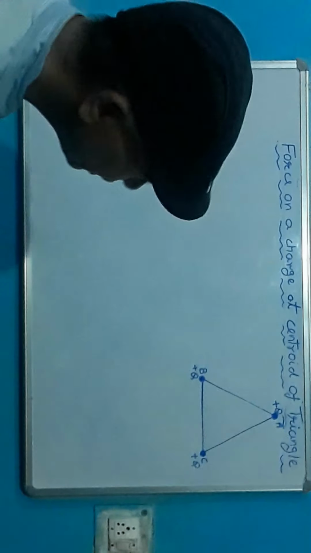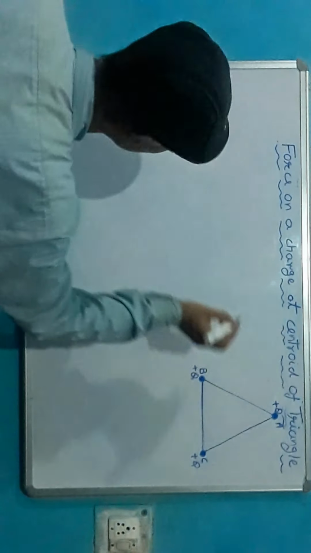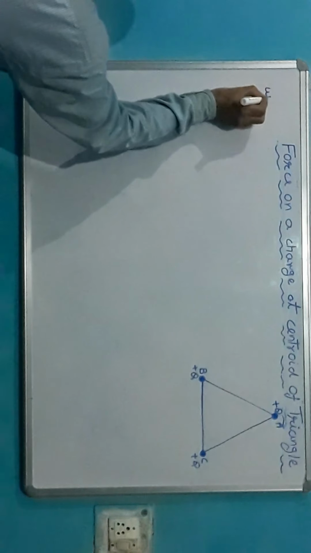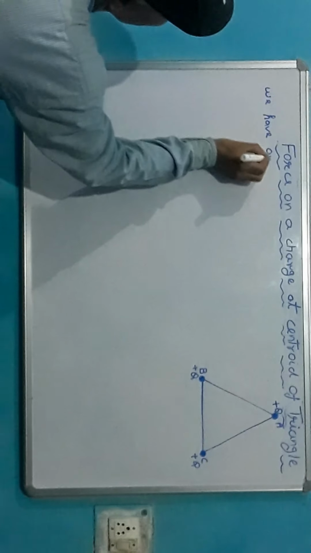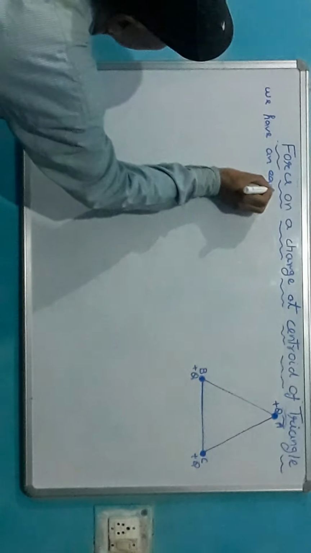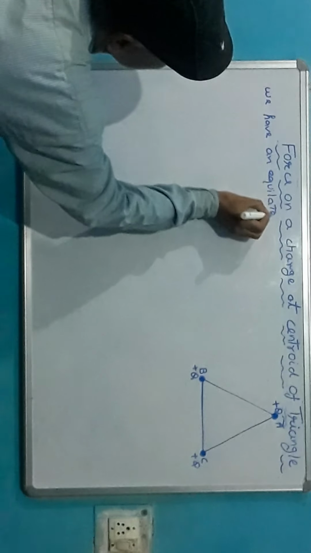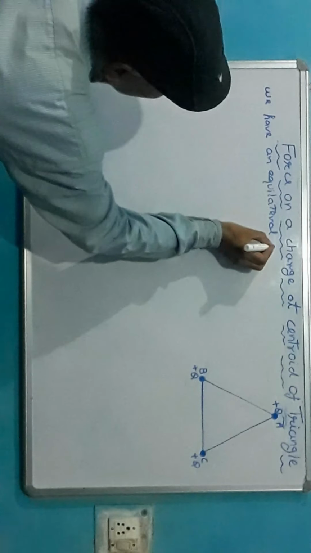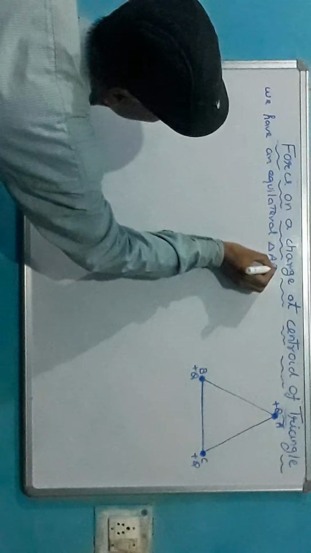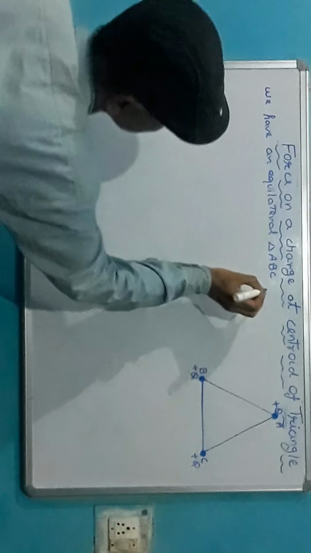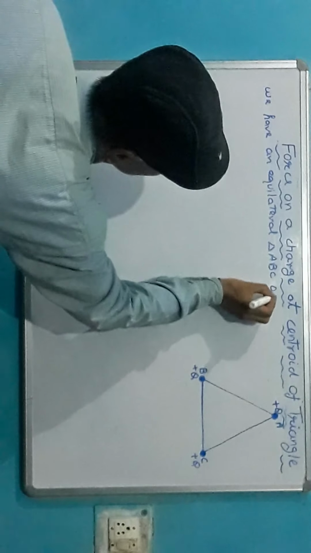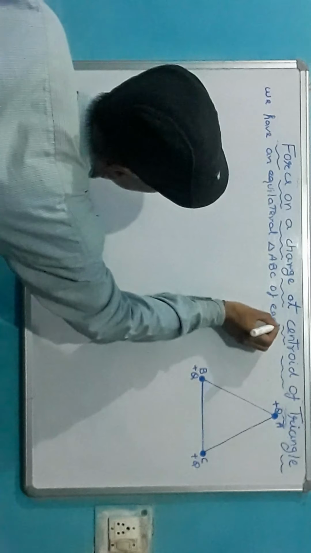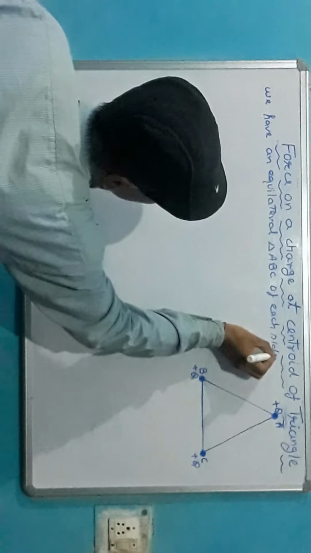We have an equilateral triangle ABC of each side small a.